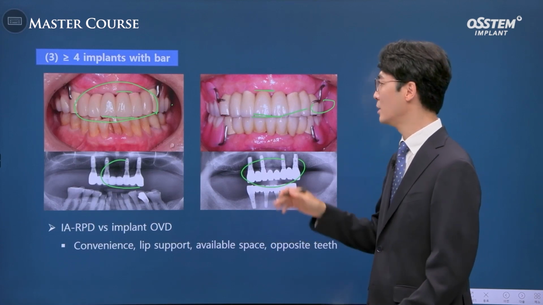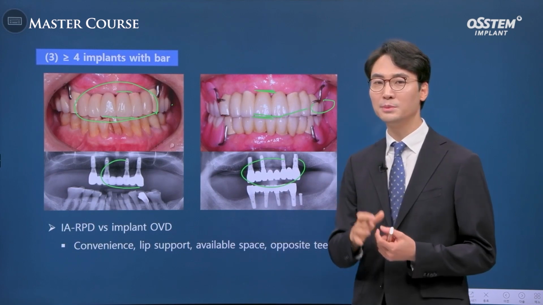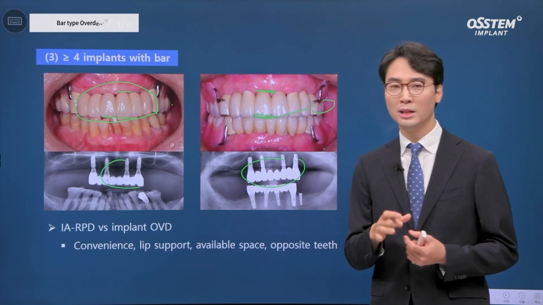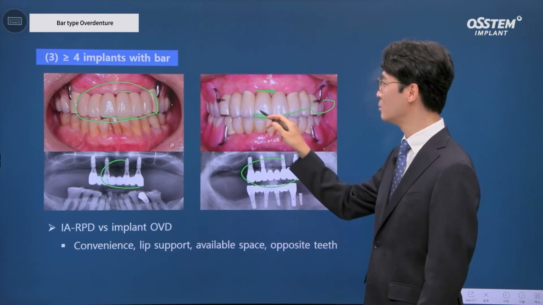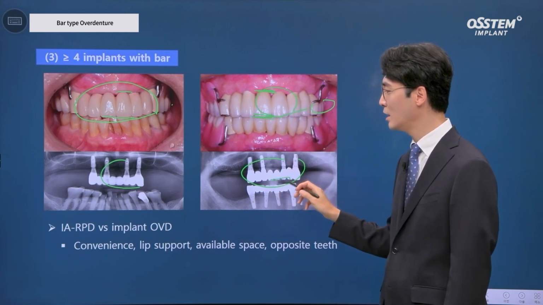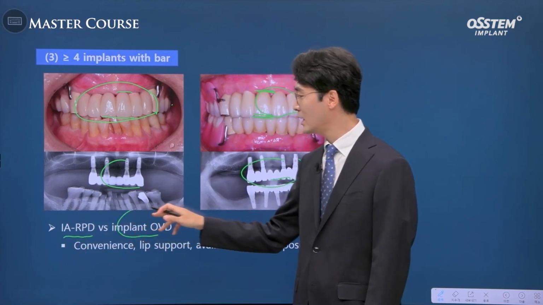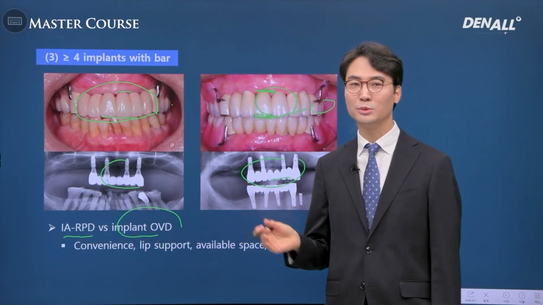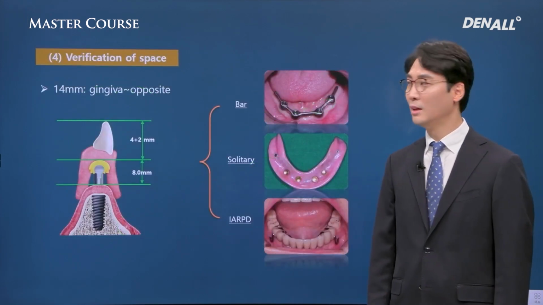In order to have sufficient space from the gingival line to the suprastructure of the implant, there needs to be 14 millimeters of space. Unless such a space can be provided, you need to consider implant-supported fixed prosthesis or IARPD. I think it'll be more advantageous than bar-type implant overdenture.